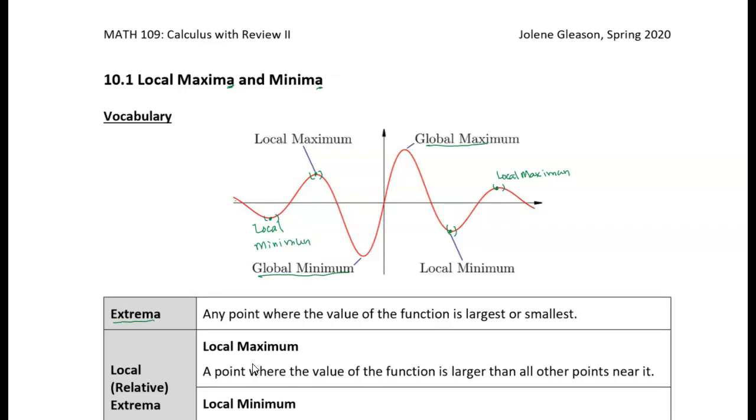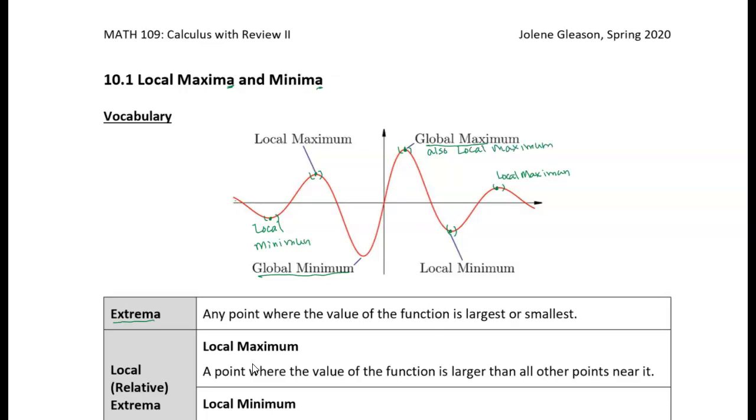Now these global maximum and global minimum are also local, because any of the points near it are smaller than that point. So this is also a local maximum.